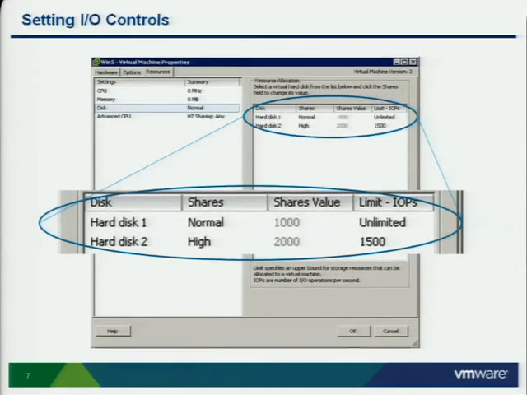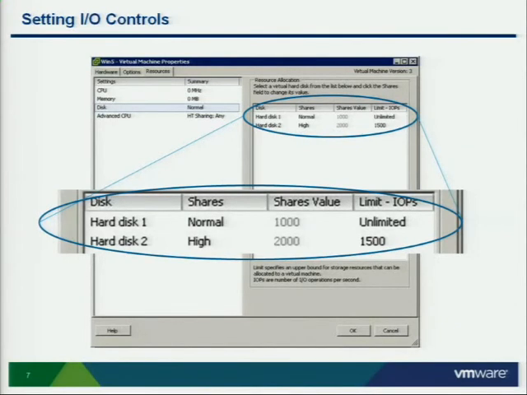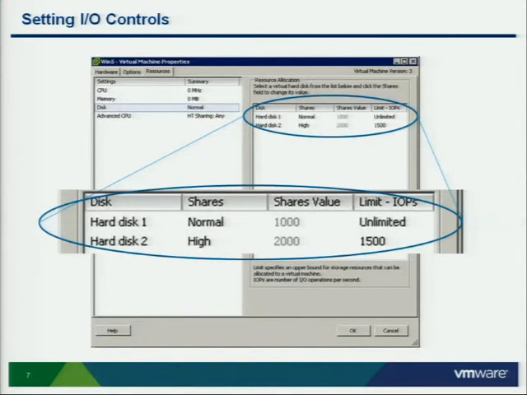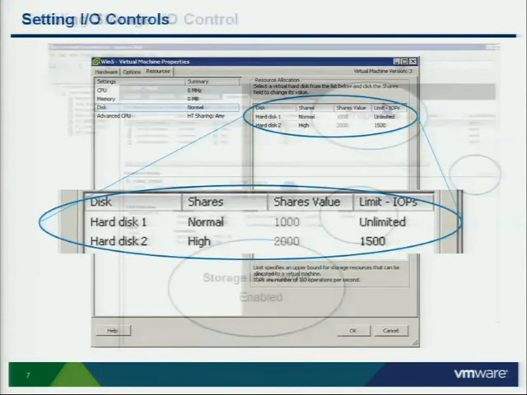So a VM that had 2 virtual disks will have 2,000 shares, unless you go in and change it and either raise or lower. But what we do with storage I/O control is we aggregate all of the virtual disks that are on that data store for that VM, and then start using that total number of shares as the metric by which we decide how many I/O slots are given for the VMs that are sharing that data store.